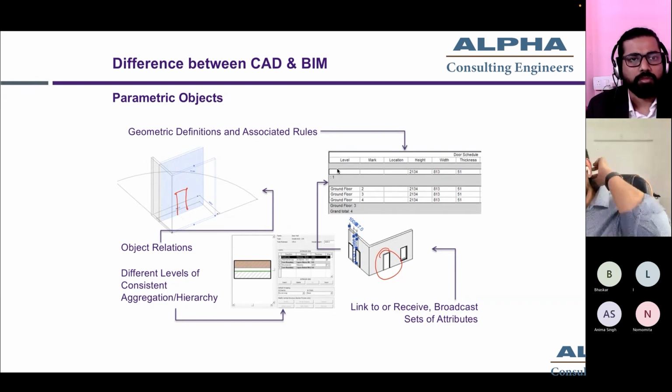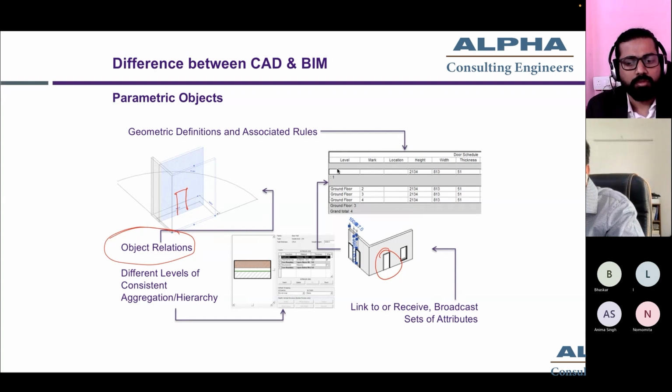And for that matter, inside these BIM tools, we have the relations between the objects. So hosting of objects onto other objects or representation of building elements. The connection between, let's say, a wall and a beam.